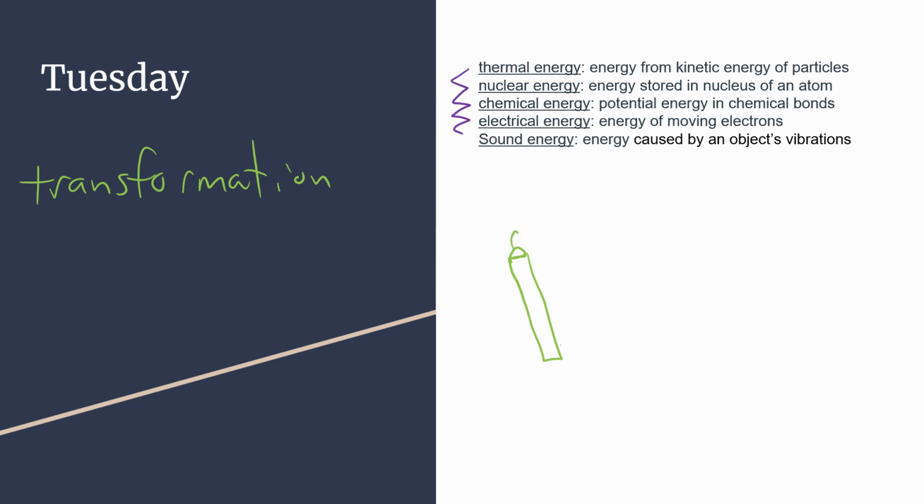My art is not wonderful, but it looks kind of like this. You bend them in half, you hear a snapping noise, and then they begin to radiate light. So in that situation, we have a type of chemical energy that is becoming what we call radiant energy. It's giving off light. So a transformation is essentially where one kind of energy becomes another kind of energy. And it's very normal. It happens all the time.